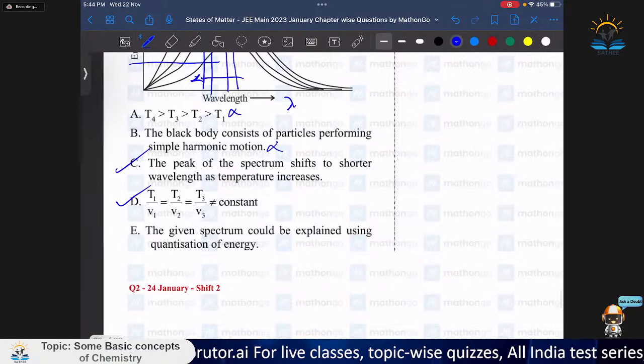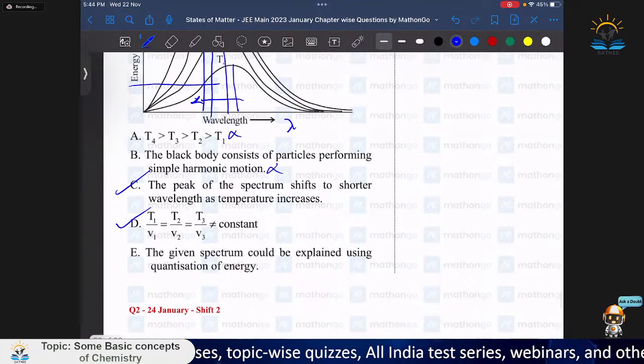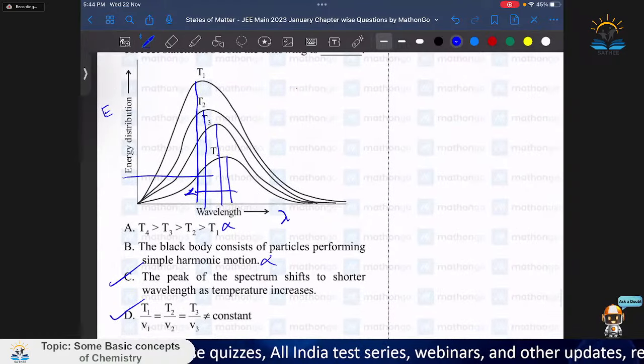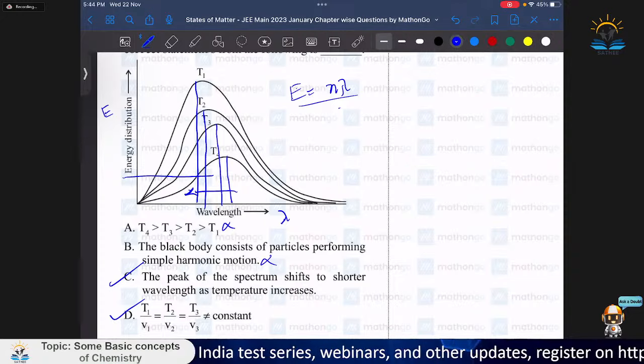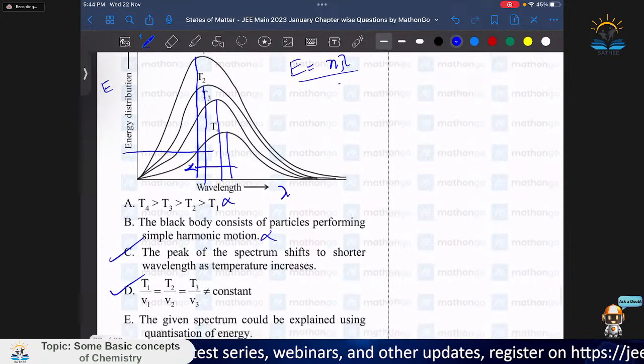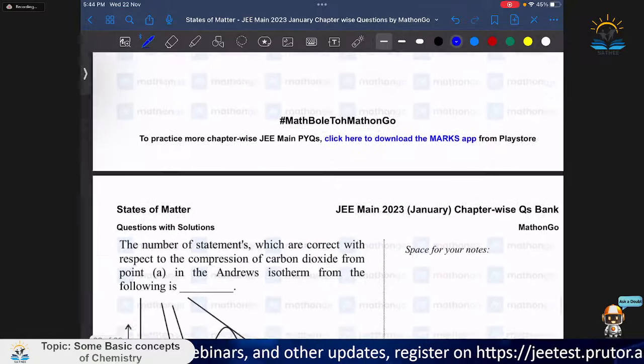Then, the given spectrum could be explained using quantization of energy. Quantization of energy says that energy is equal to n lambda, and we can easily explain the spectrum based on quantization of energy. So we get our correct answers.